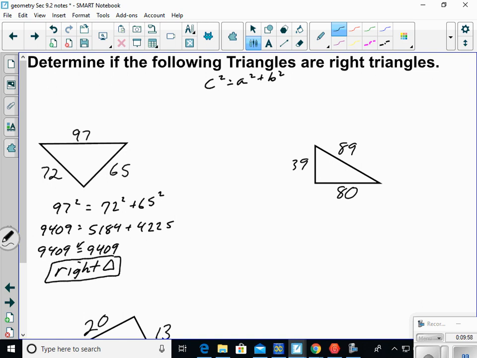All right, the next one over there to the right, the longest side that I'm going to use for my c is 89, so 89 squared is going to equal 39 squared plus 80 squared. 89 squared is 7,921, equal to 39 squared, 1,521, plus 80 squared, which is going to be 6,400.